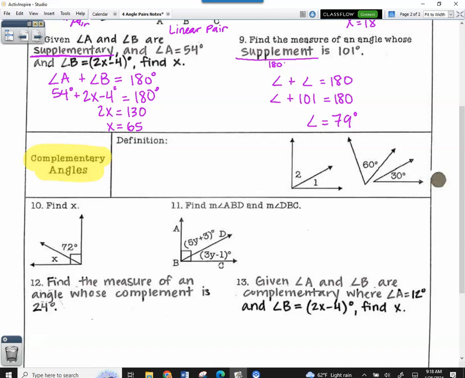Now, supplementary and next, complementary. Complementary is the exact same thing. It's just they don't add to 180, they add to 90. Let's put a right angle symbol here. Y'all stay with me. Angles whose sum is 90.